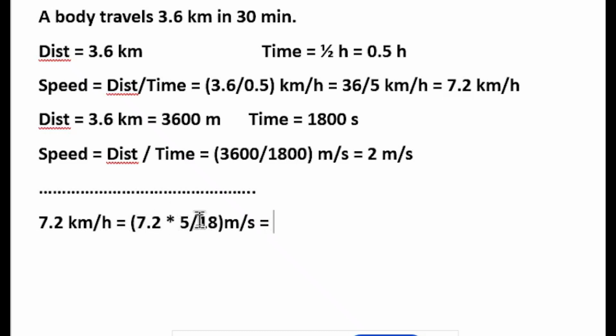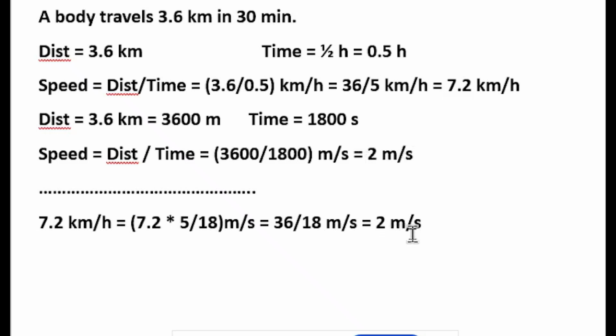So 36.0, that is 36, divided by 18 meters per second, which is also giving you 2 meters per second. So the same answer you are getting.